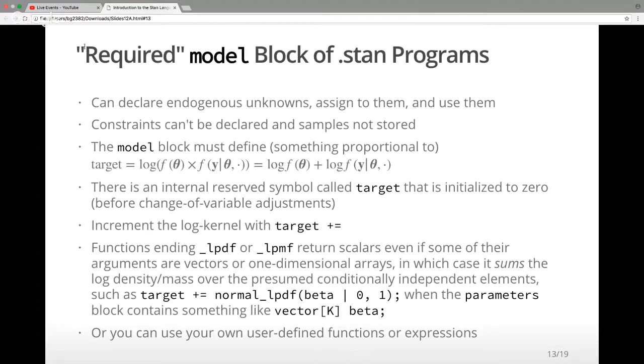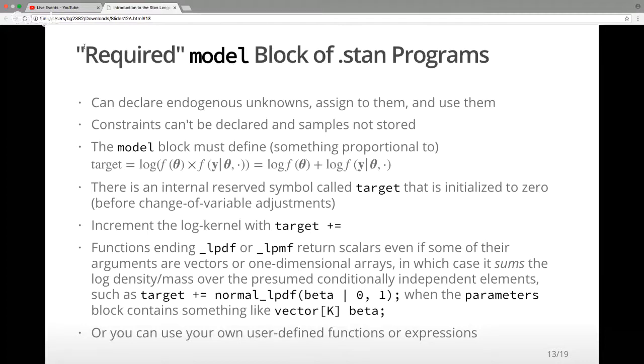These for continuous random variables, these for discrete random variables. Those return scalars, even if some of the arguments to them are vectors or one-dimensional arrays, in which case these functions are going to be summing the logarithm of the density or the mass over the elements of the vectors that you supply to them, presuming them to be conditionally independent.